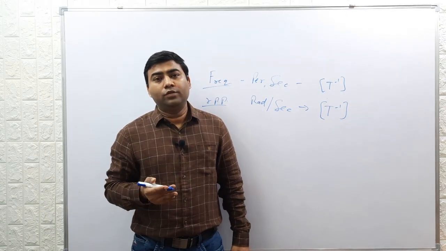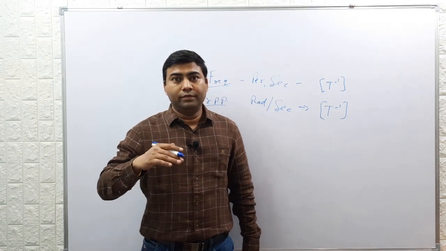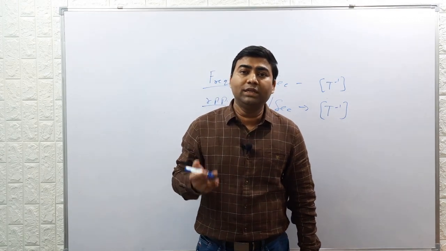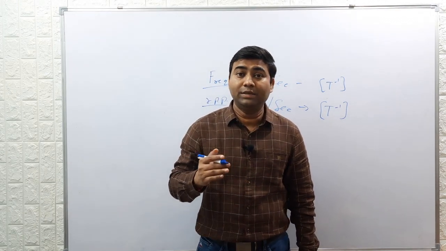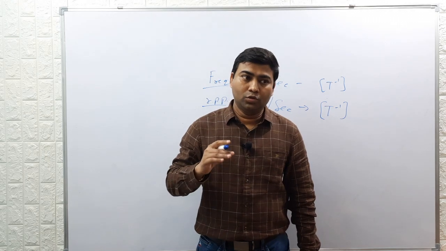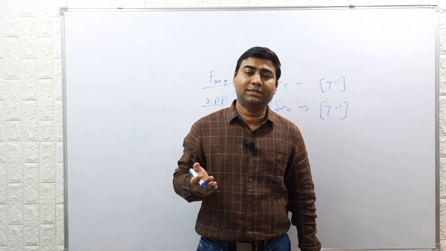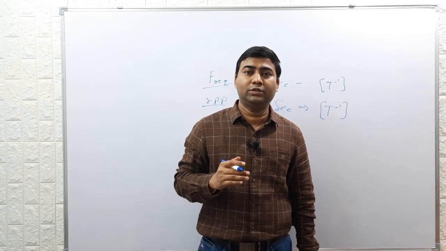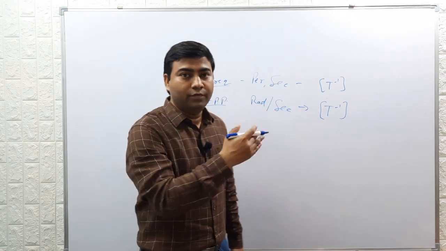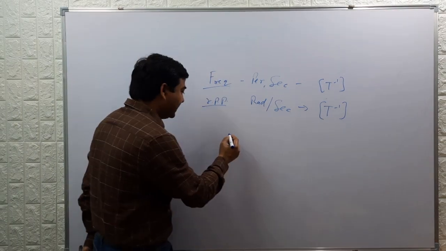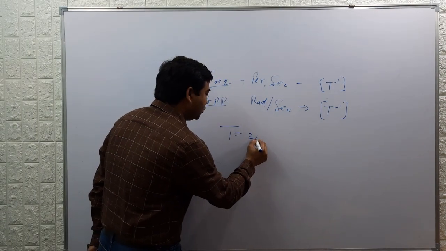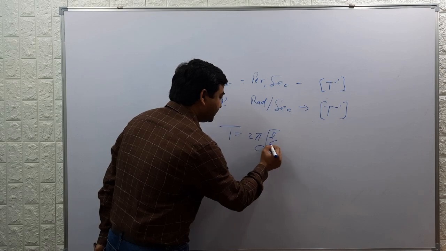Another limitation of dimensional analysis is that in various equations we use numerical constants which are dimensionless. So numerical constants which are dimensionless cannot be deduced based on dimensional analysis. For example, we have derived T is equal to 2 pi under root L by g.